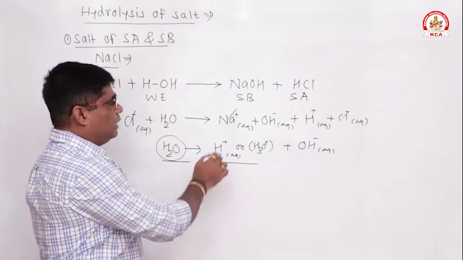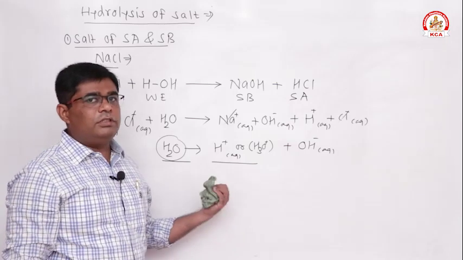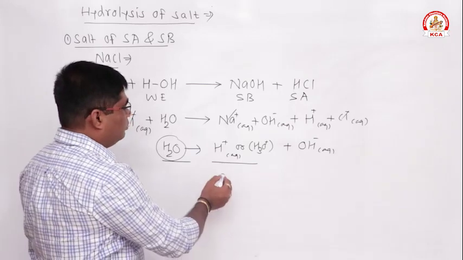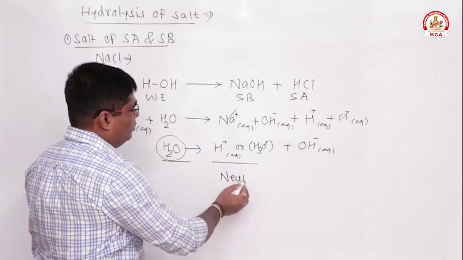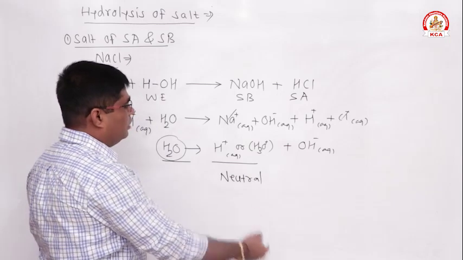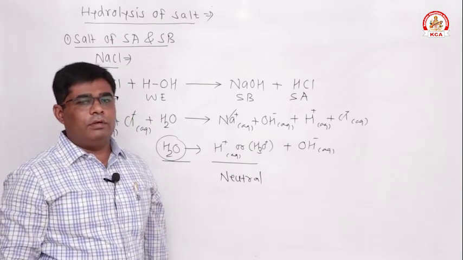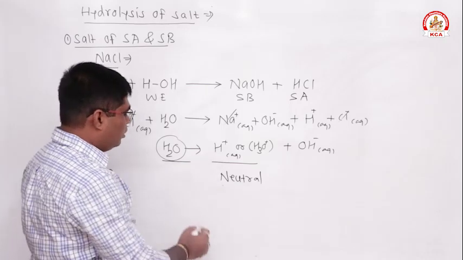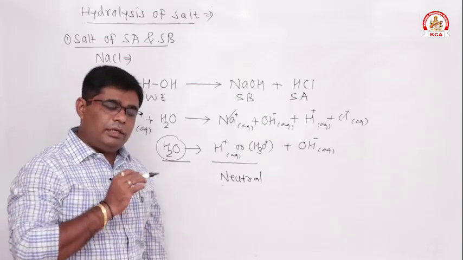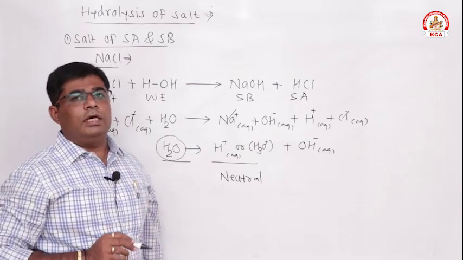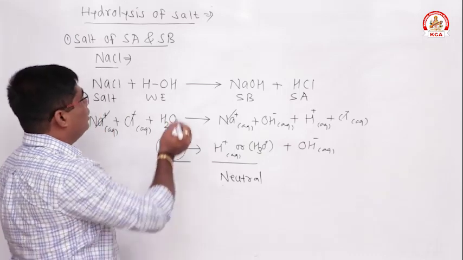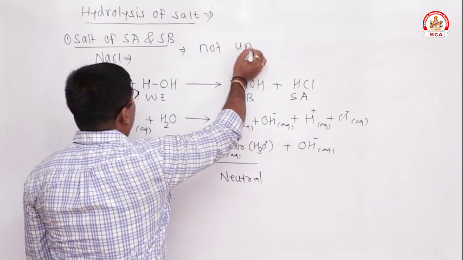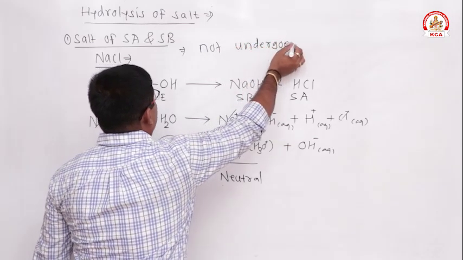So it does not represent acidity or basicity. म्हणजे सोल्युशन ॲसिडिक सुद्धा नाही आणि बेसिक सुद्धा नाही. म्हणजे नेचर ऑफ दिस सोल्युशन इज न्यूट्रल. आणि हा जर न्यूट्रल असेल तर, अकॉर्डिंग टू द डेफिनेशन एकतर ॲसिडिक असायला पाहिजे किंवा बेसिक असायला पाहिजे. If it is neutral then such type of salt does not undergo hydrolysis, and it is a very important part in ionic equilibria. So salt of strong acid and strong base does not undergo hydrolysis.